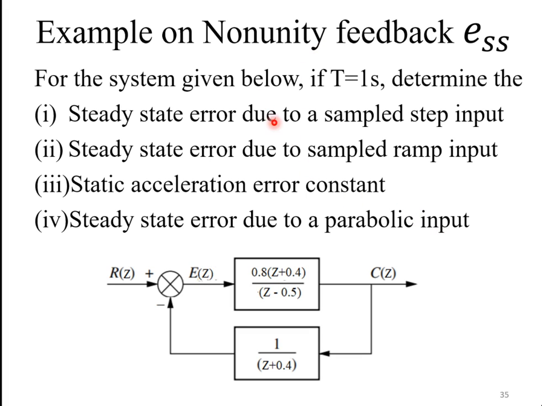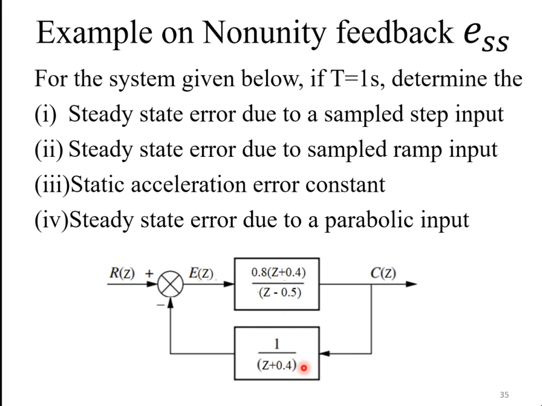Of course, to find the steady state error due to the sampled step input, you need to calculate Kp, the static position error constant for this non-unity feedback system. And for finding the steady state error due to sampled ramp input, you need to find Kv, the static velocity error constant for the non-unity feedback system, because the system given to you is a non-unity feedback.